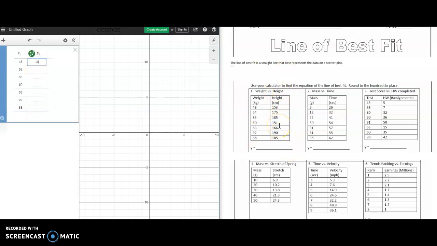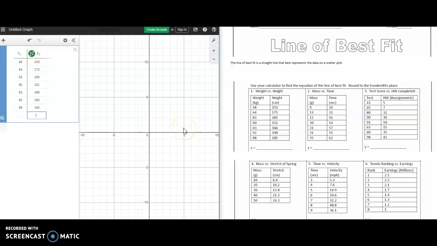So I'm going to put in 153, 175, and as I'm doing this, maybe try to follow along on your own screen or on your own computer. So I went ahead and plugged in the numbers.